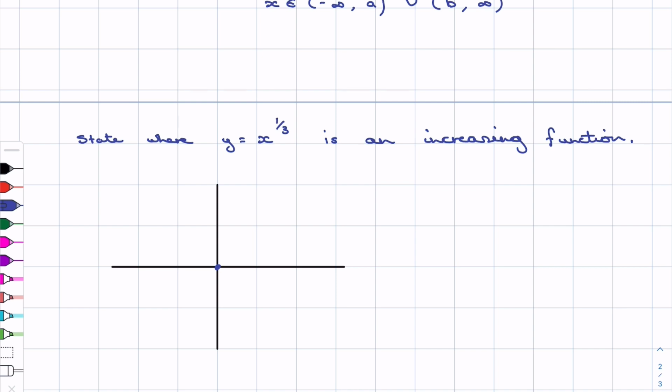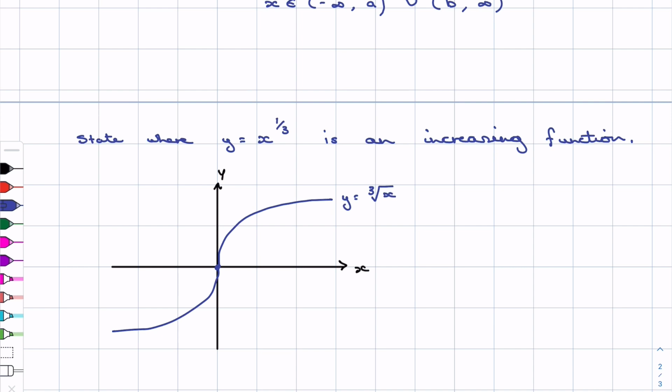Let me take that out. It'll have a point of inflection and it'll curve out like so, and curve out like that. And we'd have our y-axis and our x-axis here, and this is our function y equals the cube root of x.